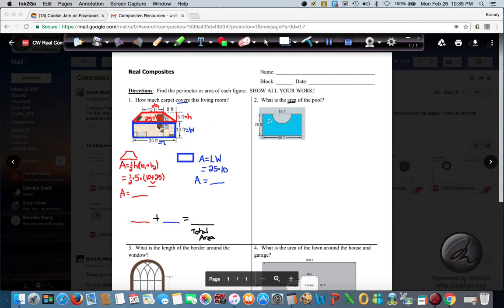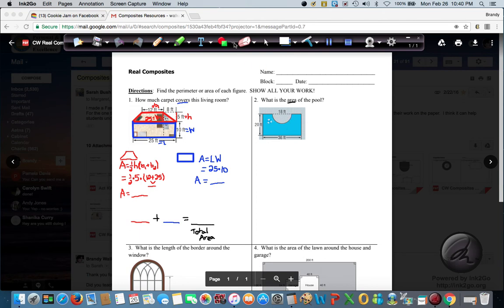If they want a total and nothing is taken out from it, they're not asking for a shaded region or anything like that, then you just add your shapes. If something is taken out, for example, if it's a rectangle and they say, okay, don't paint this middle, or they ask for the shaded area, then you're going to subtract because you don't want this middle part. You have to take that out.